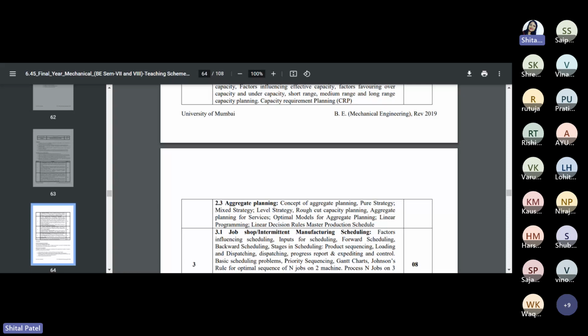At that time we have three basic strategies, that is pure strategy, mixed strategy and level strategy. Most of the time a short note has been asked for rough cut capacity planning.